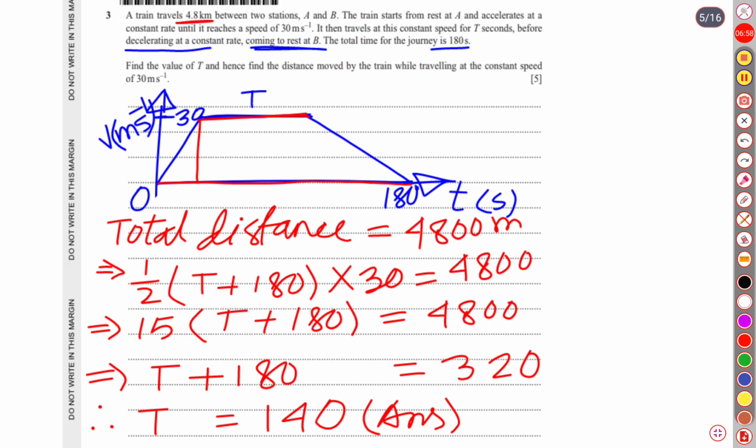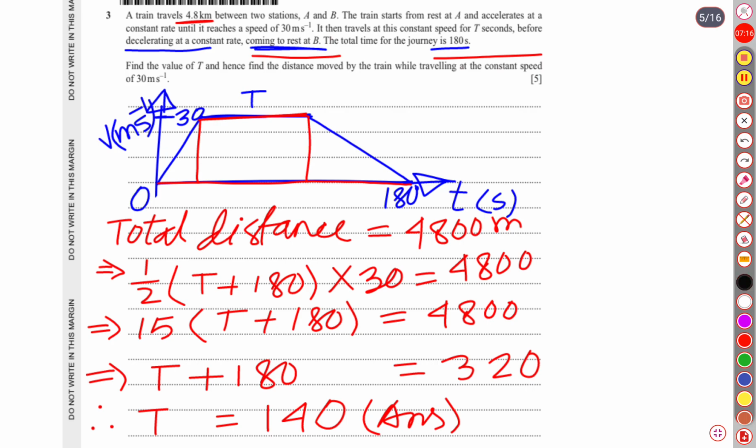Then the next part: find the distance traveled by the train while traveling at the constant speed. That means we have to find the area between these two straight lines.